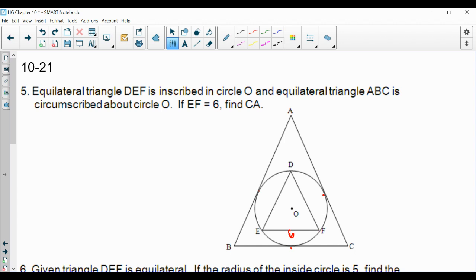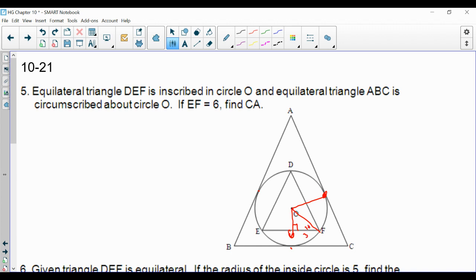Now, CA, well, it's actually really helpful that I drew this point in, because if I draw this, that's a radius. Well, I can also draw this, and that's another radius, right? So these two are congruent. And so if I do a very similar thing that I did on the last page, drop that altitude in, and we have a 60-degree angle because it's equilateral, that's split.